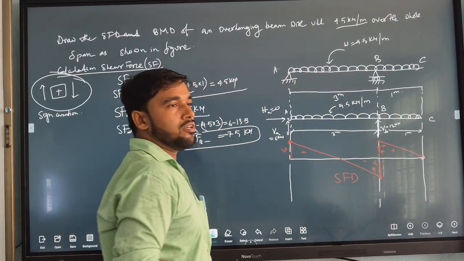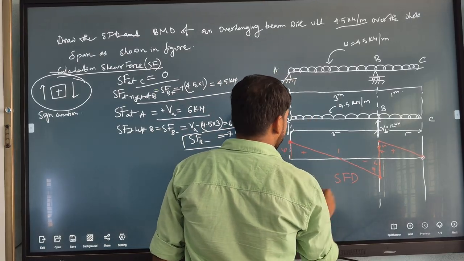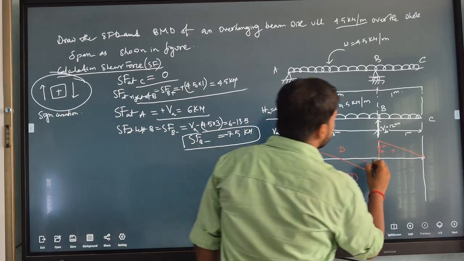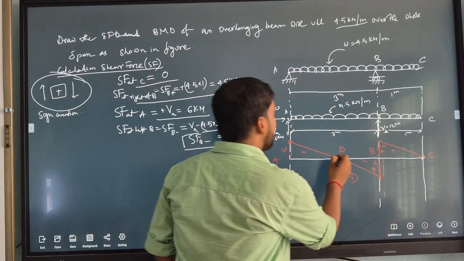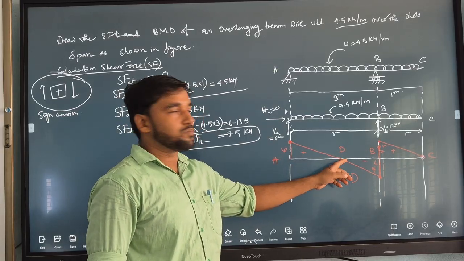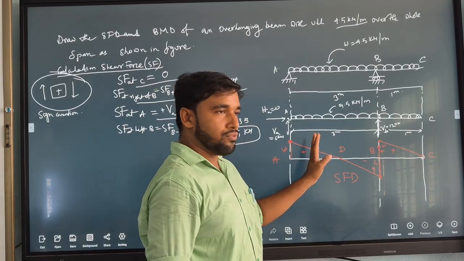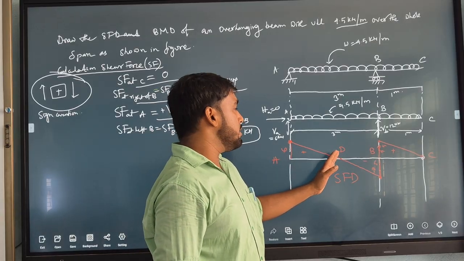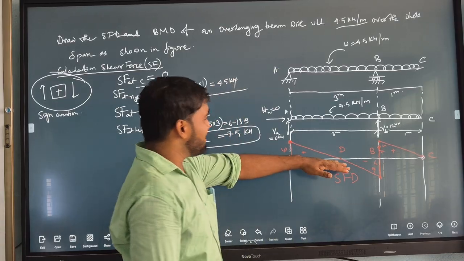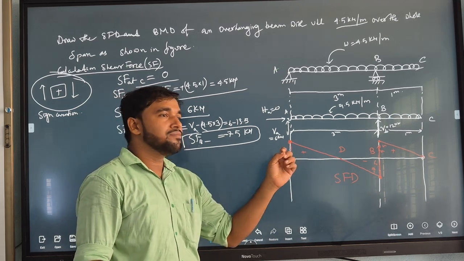Right. So if you see, there is a point D where shear force changes from minus to plus, and the total value is 0.